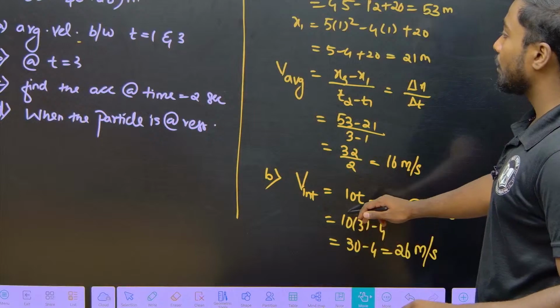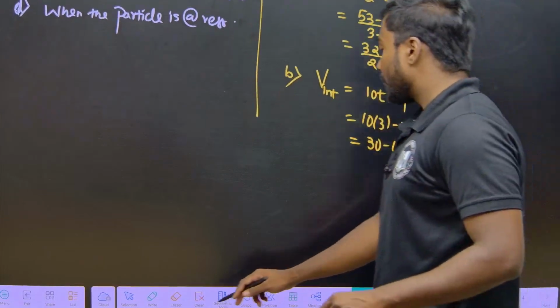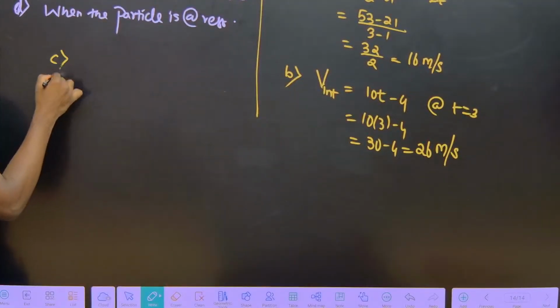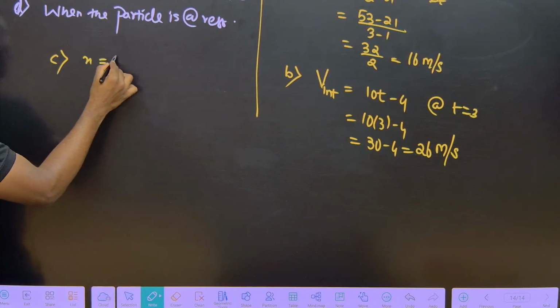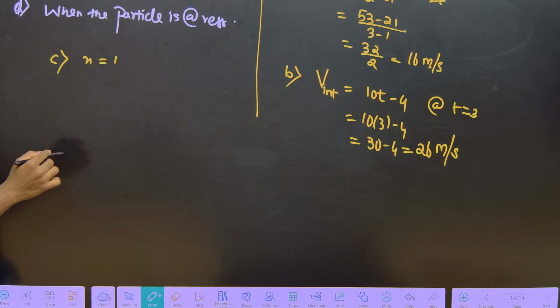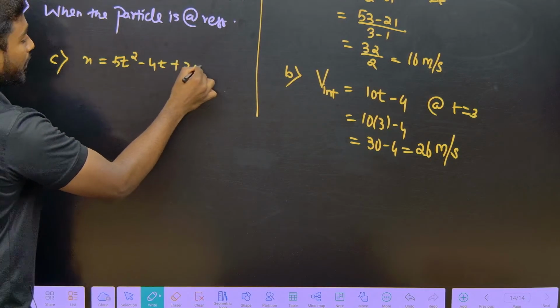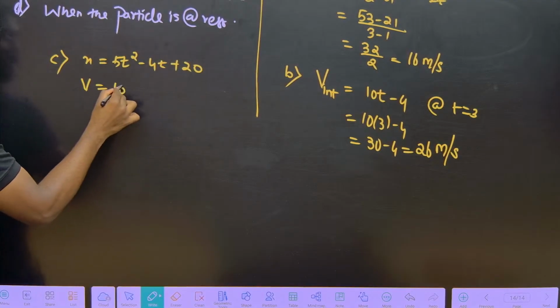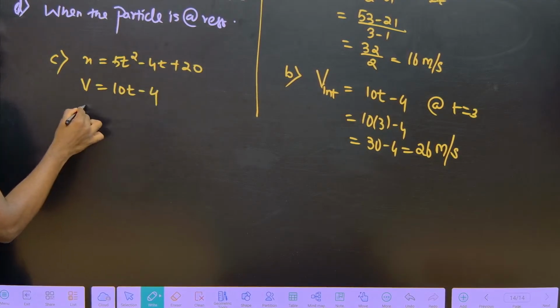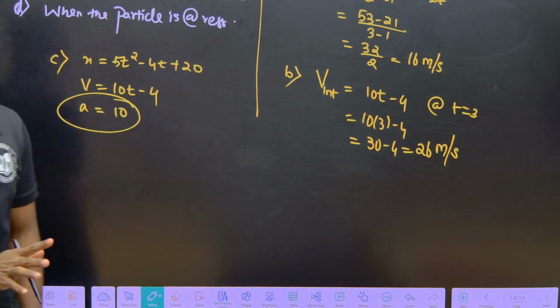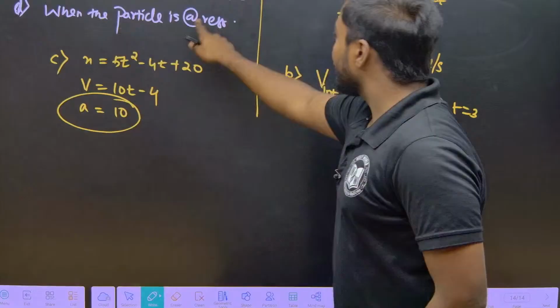What about the third one? Find the acceleration at time t equals 2 seconds. The equation is x equals 5t squared minus 4t plus 20. So v equals 10t minus 4, and a equals 10. Here t is not there, though they are asking about t equals 2 seconds.